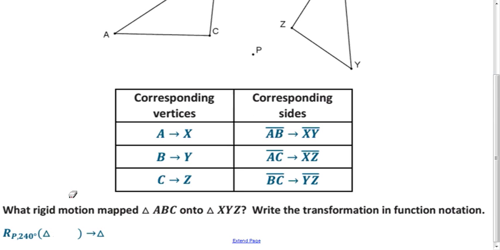And what's the input here? What's the pre-image? The pre-image is triangle ABC. And what's the image of that, or the output? Now the order is important here. If you have ABC for our pre-image, then we have to have the same order, in order of corresponding parts, X, Y, Z. So there we go.